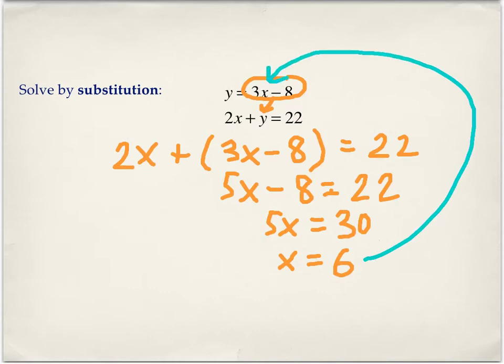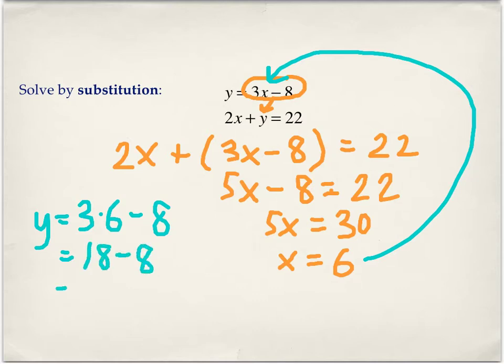And as long as x equals 6, then I know that y equals 3 times 6 minus 8. So that's 18 minus 8, which is 10. So my overall solution for this system will be the ordered pair 6, 10.